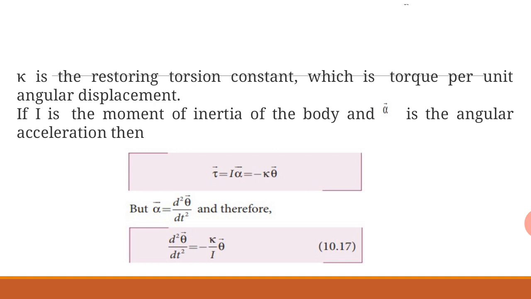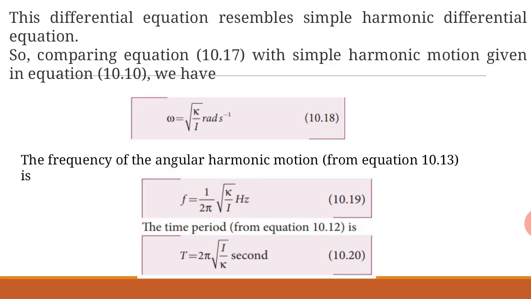So d2 theta by dt square is equal to minus k by I theta, because I alpha equals minus k theta.